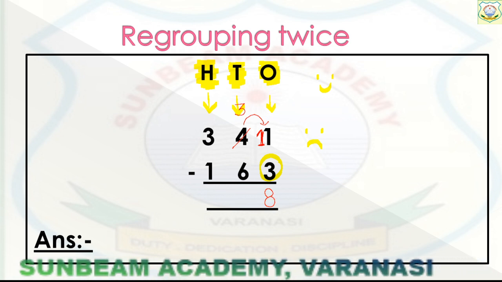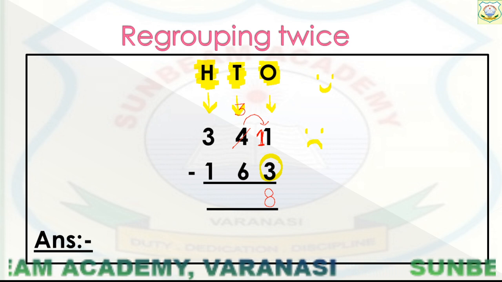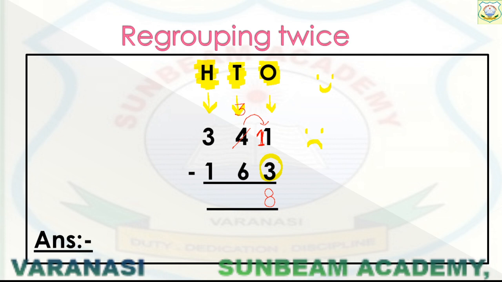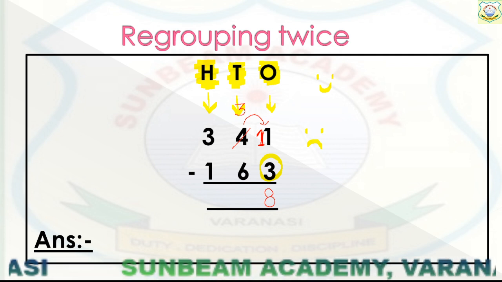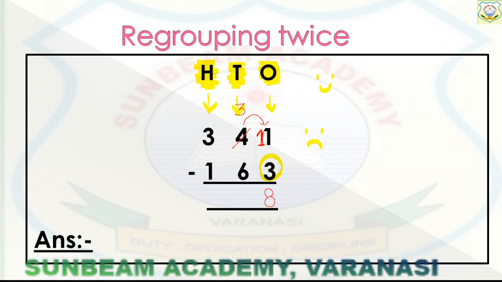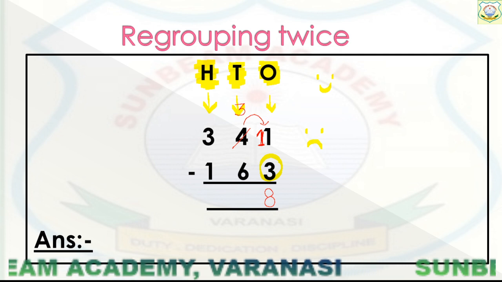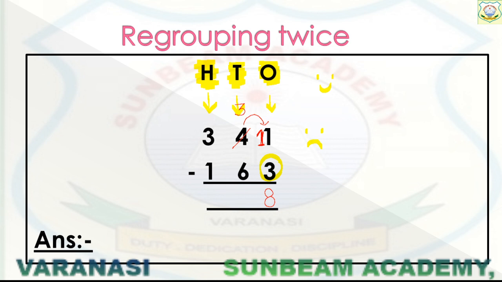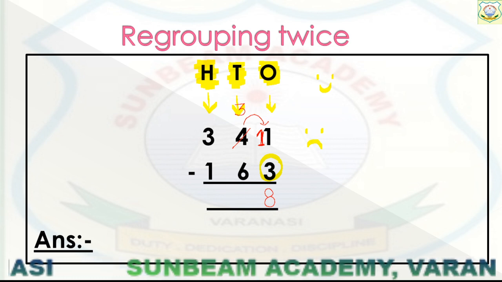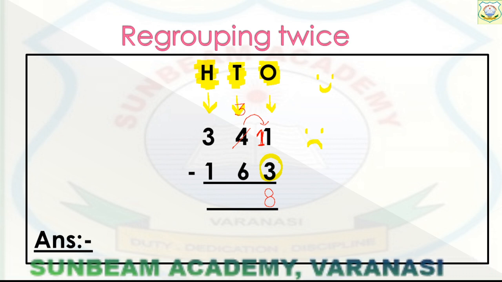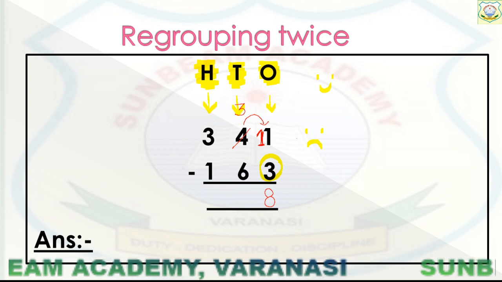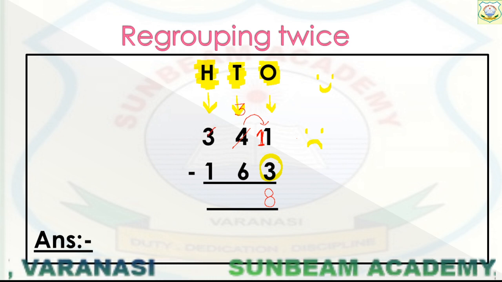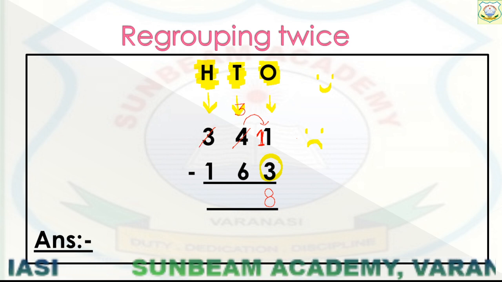Now again there is 3. Now 3 becomes sad, because it's not possible to subtract 6. So now we have to take a borrow from this.